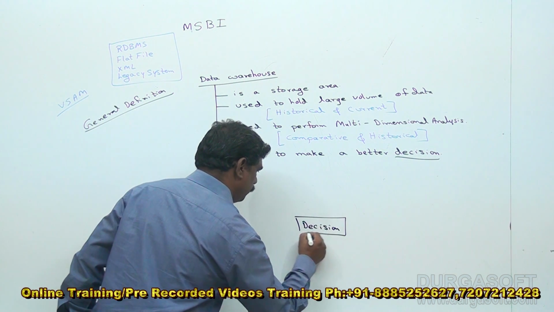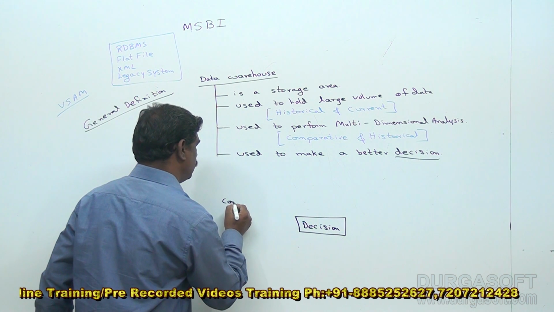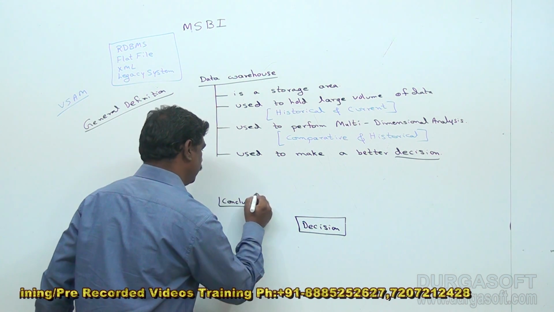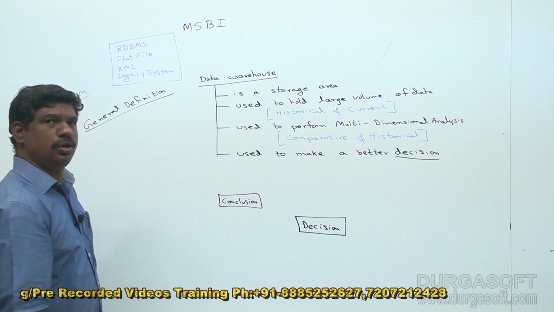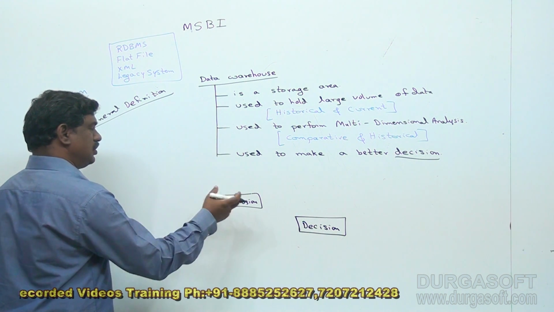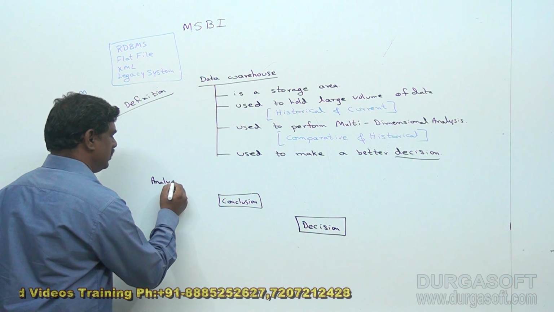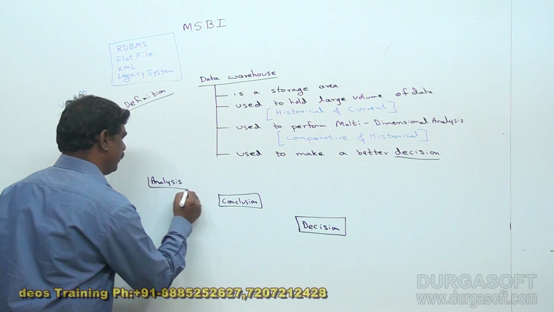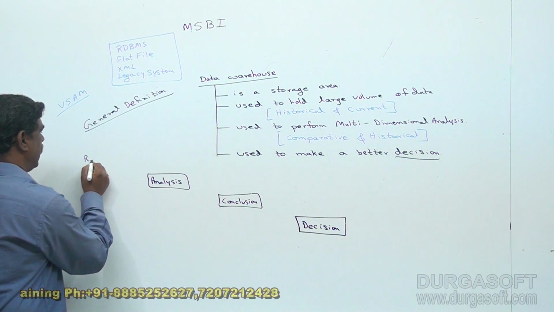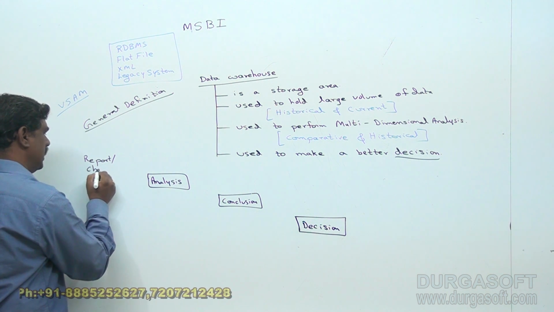First of all, you should know which is correct and which is wrong, so you should have a conclusion. How do you know that? By performing analysis. But to perform analysis, you should have something called a report or a chart.